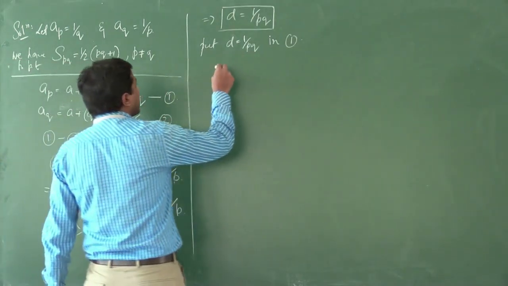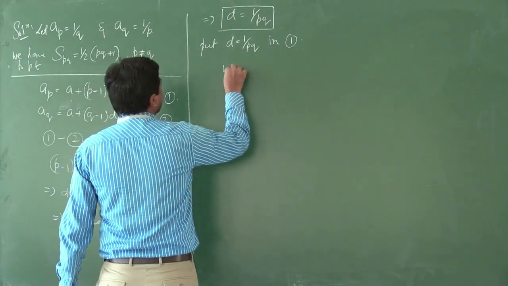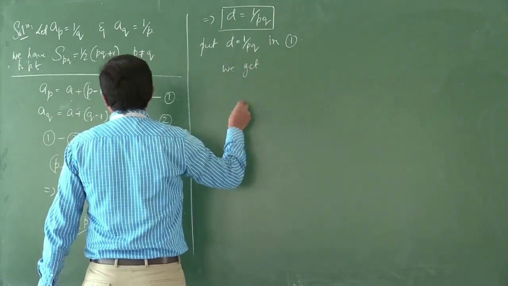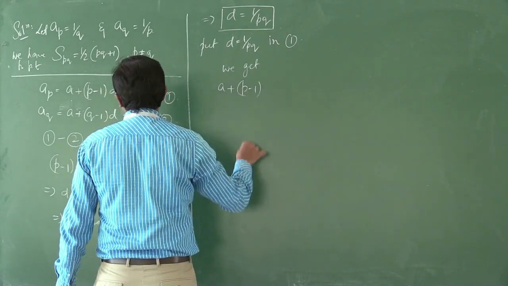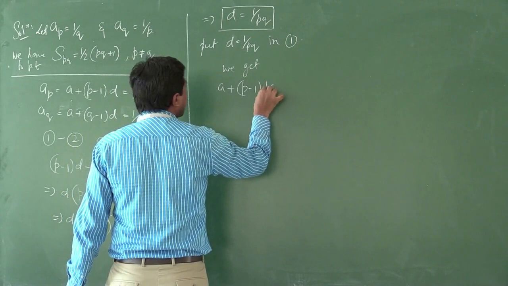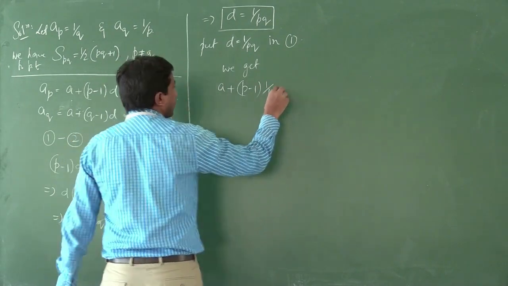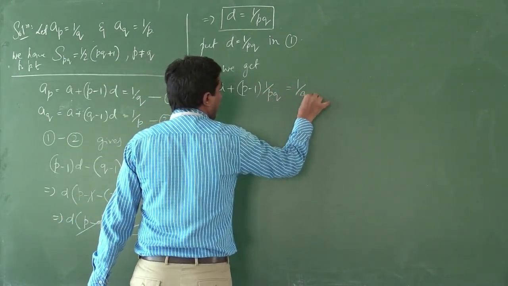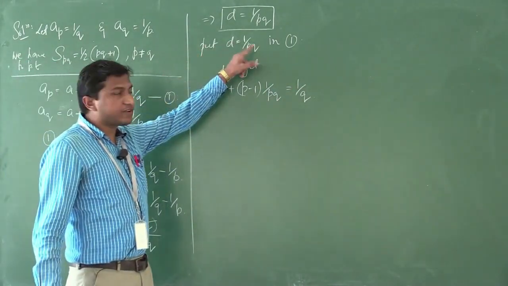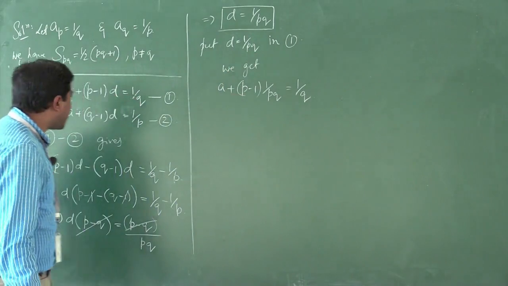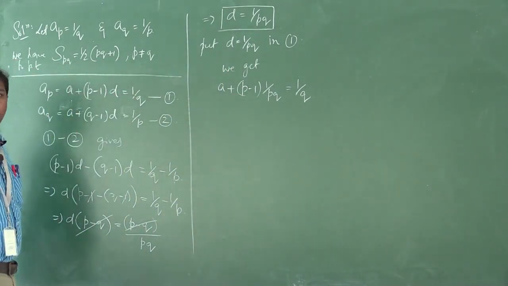So what happens to equation 1? We get a plus p minus 1, value of d is 1 by pq, equals 1 by q. All I have done is I have put the value of d as 1 by pq in equation number 1.